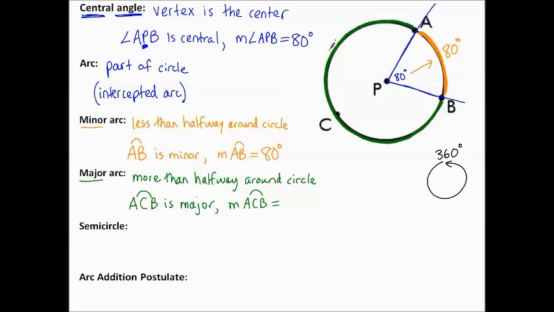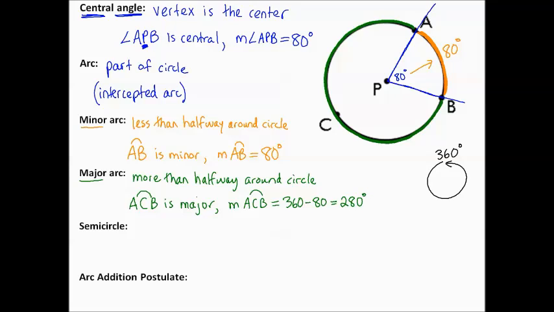So if we want the green part, the major arc, we don't want the part that's 80 degrees. So when we talk about what we don't want, we want to take it away. So we're going to subtract what we have and don't want from the entire way around the circle. 280 degrees. Notice that's more than halfway.